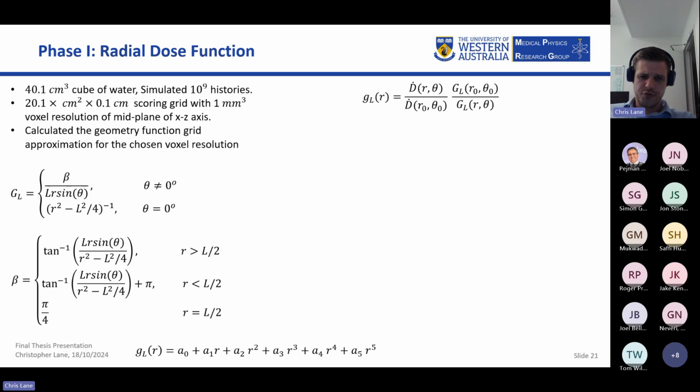And then I also used a fifth order polynomial spline fit to work out the polynomial approximation of this, which is apparently used in some treatment planning systems. So that was relatively easy to get as well.